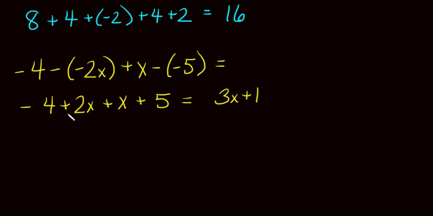So negative 4 plus, what's the opposite of this? 2x, plus x, plus the opposite of what this is, which is 5. And if I put my like terms together, I have 3 x's, and negative 4 plus 5 is 1.